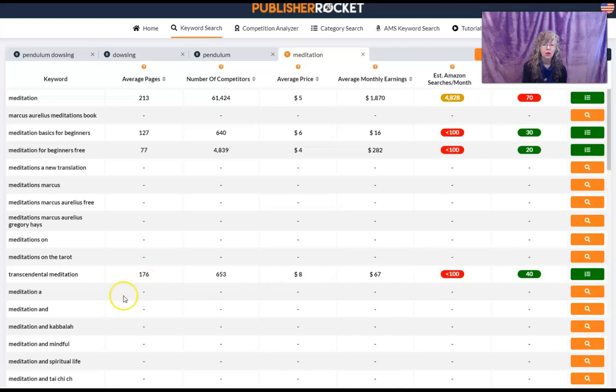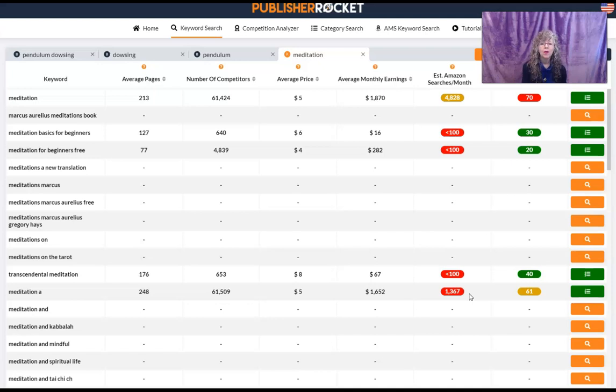Meditation A. Well, that's really weird, but maybe they start to write it and then they stop writing a second word. There's actually over like 1,300 searches. There's a lot of competition though.